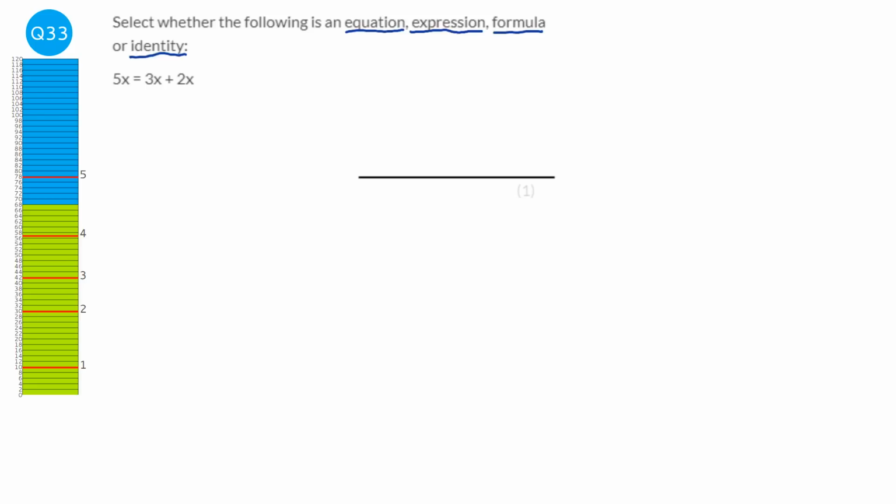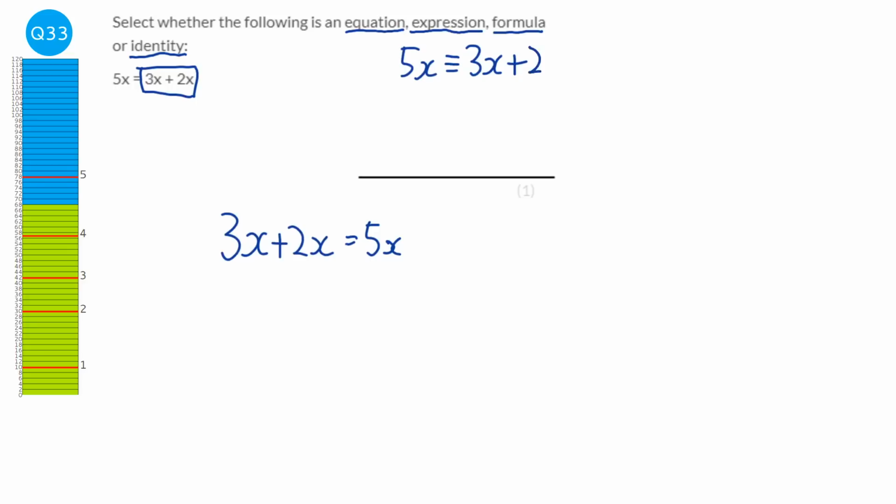And the reason it's true for all values of x is we know that 3x plus 2x, this right hand side here, equals 5x. They're the same thing. Now normally with an identity, it's shown with 3 lines. Now in the exam, this type of question, it won't be shown with 3 lines because that kind of gives it away that it's an identity. But this question is definitely an identity.